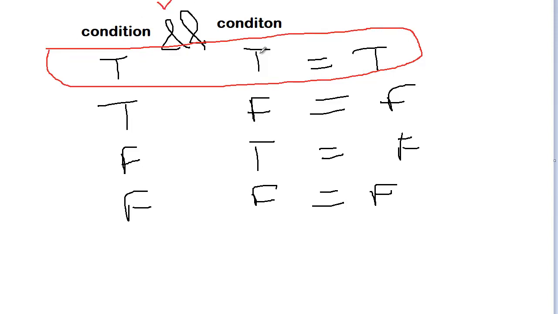Keep it in mind. While writing business logic in the program, we will use this operator. Not just both: if all conditions are true, and true and true and true is true. Out of all these, if only one is false, then the output is false.